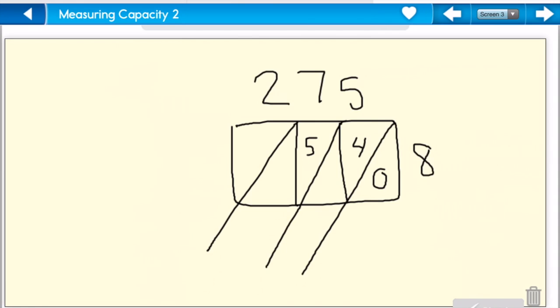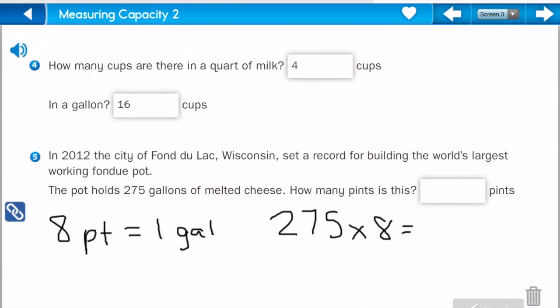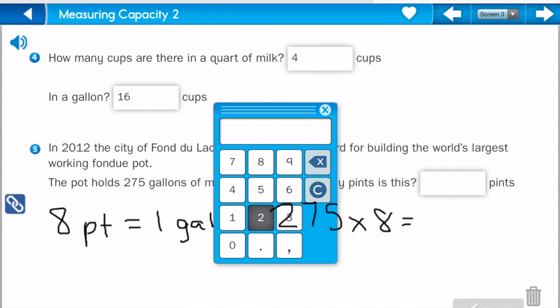It's 56. What's 8 times 2? 16. So let's add them. 0, you can't add it to anything. 4 plus 6 is 10. 5 plus 1 is 6. And then 6 plus 6 equals 12. So put my 2 here and I carry this 1. 1 plus 1 is 2. So my answer is 2,200.